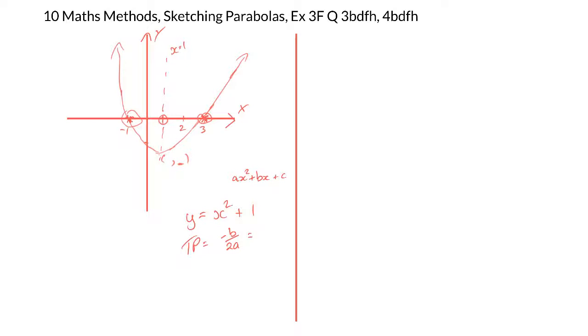The fact that there's no x value in the middle means b is 0, and 2 times 1 is just 2. 0 divided by anything is just 0. So therefore, at x equals 0, y would equal 1. So the turning point would be 0, 1 in this case.